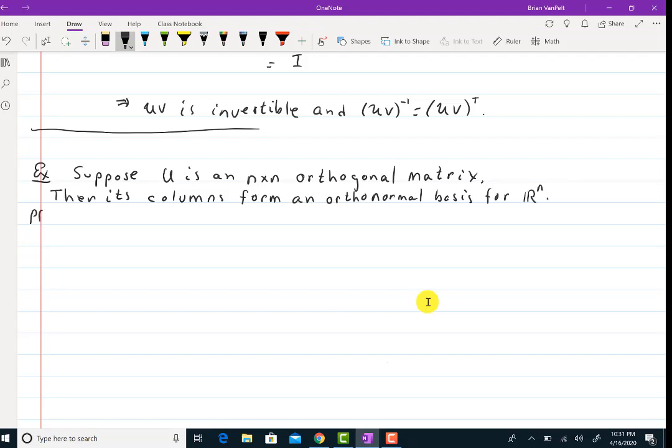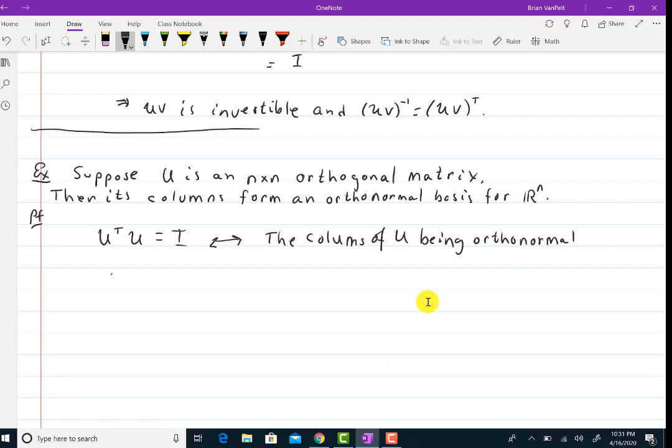So the proof of this, well, we would know that U transpose U equals I. We already know that that is exactly the same as the columns of U being orthonormal. So we've got that going for us.